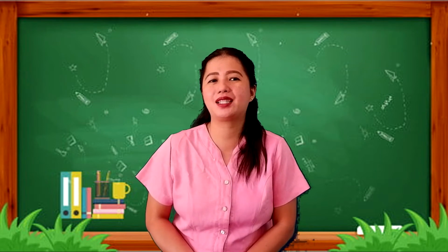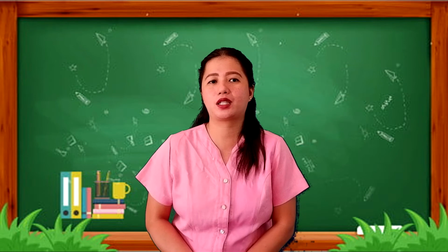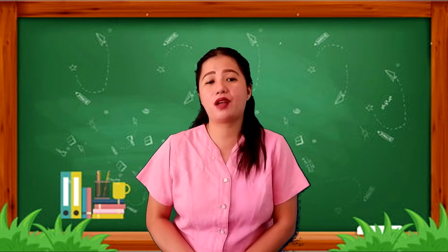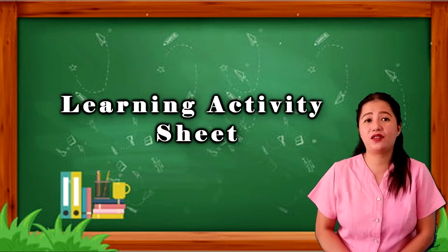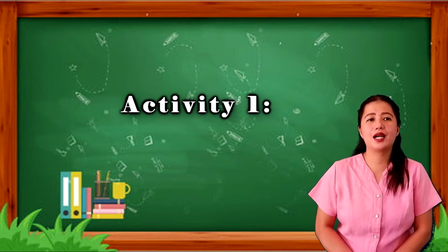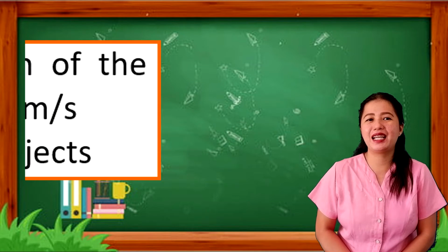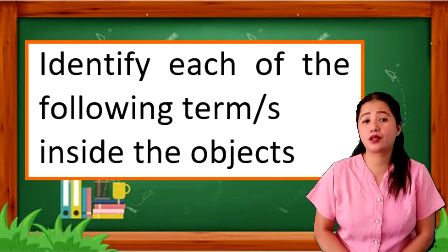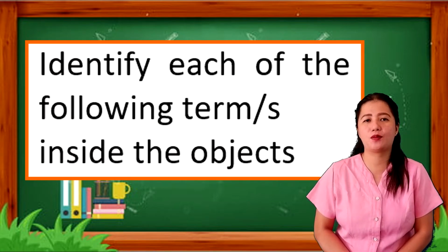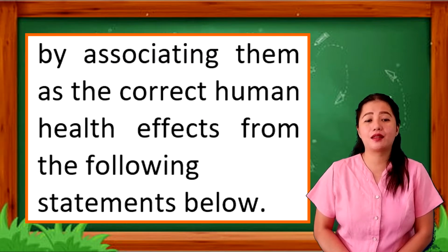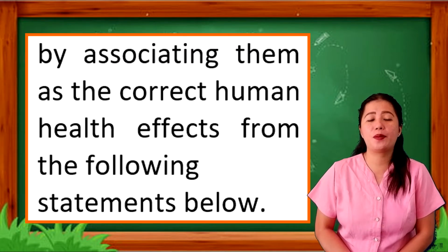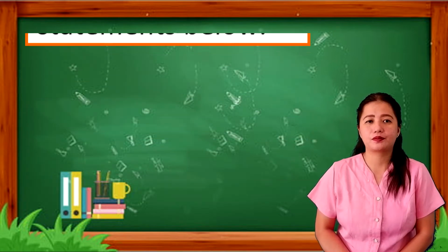I want you to listen carefully as I read the directions, and kindly refer to your learning activity sheet. Activity 1, Jeopardy activity. Identify each of the following terms inside the objects by associating them as the correct human health effects from the statements below.